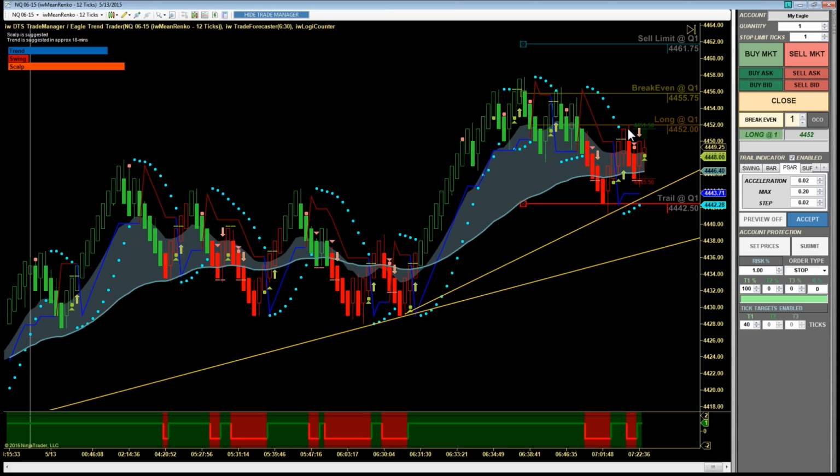Now that we've flipped over, hopefully we'll see a little bit of acceleration. Obviously we need to take out the 44.52 level.